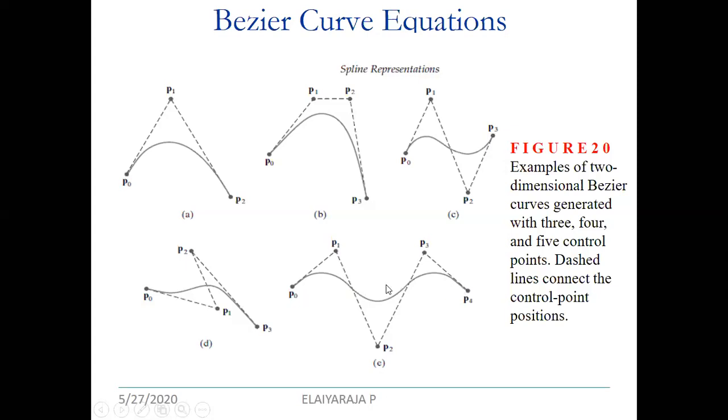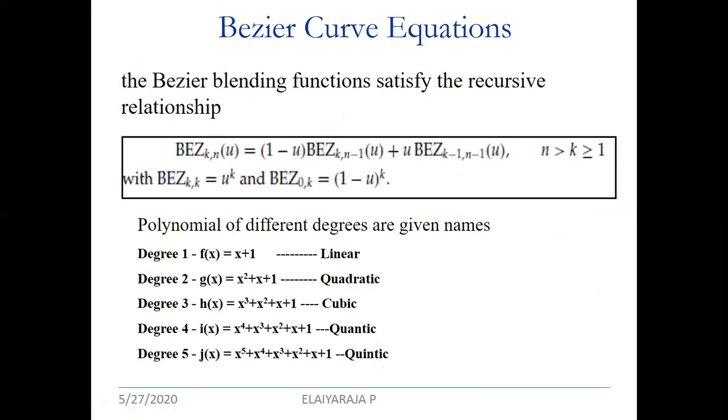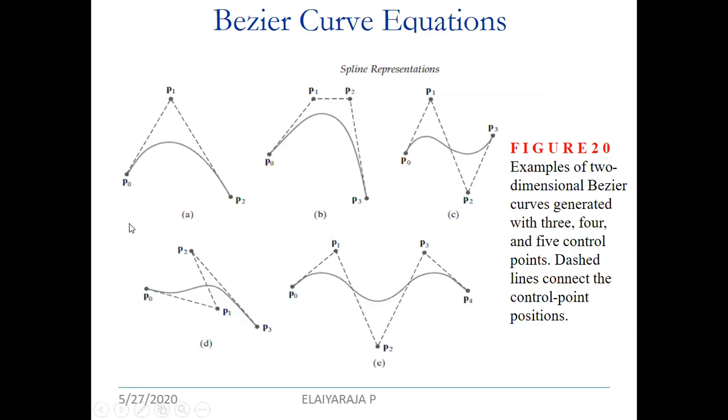Okay, and here with respect to the Bezier blending functions, how many recursions you are going to do, starting with u equal to 0, then u equal to 1 by 4, u equal to 1 by 2, and u equal to 1.